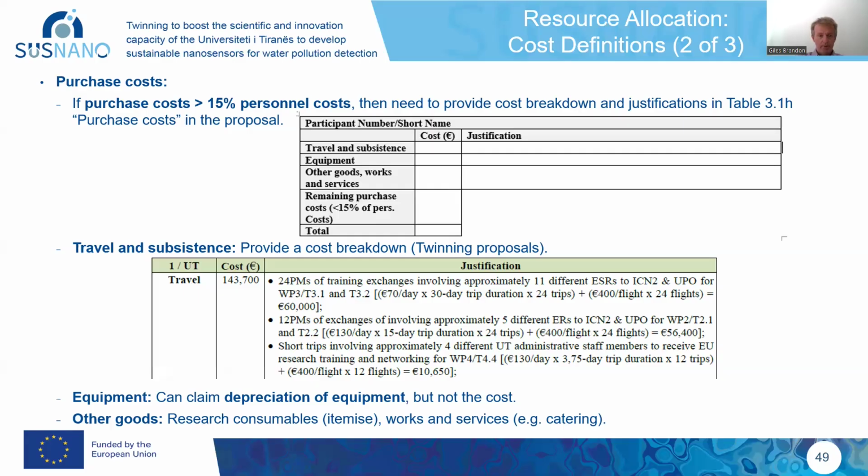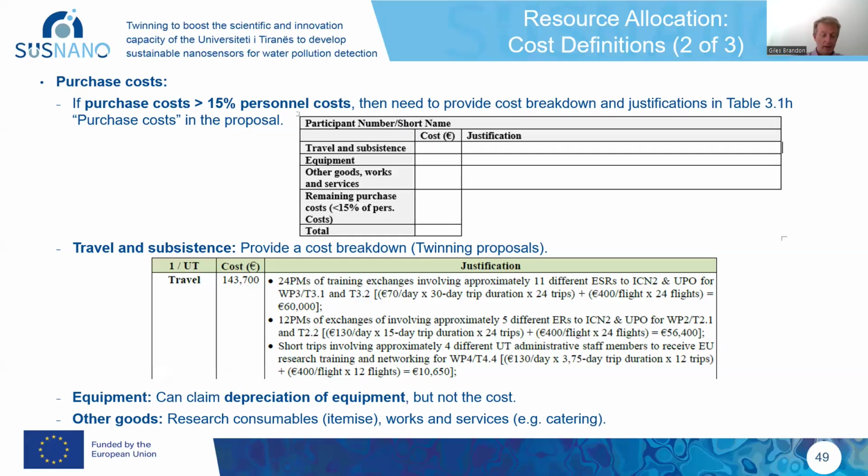Some words about equipment. So look, the key thing, if you plan to buy equipment in your budget, is to understand it's not the price of the equipment that you can simply book. What is an eligible cost, what you can book and claim grant money for, is the actual depreciation of equipment.